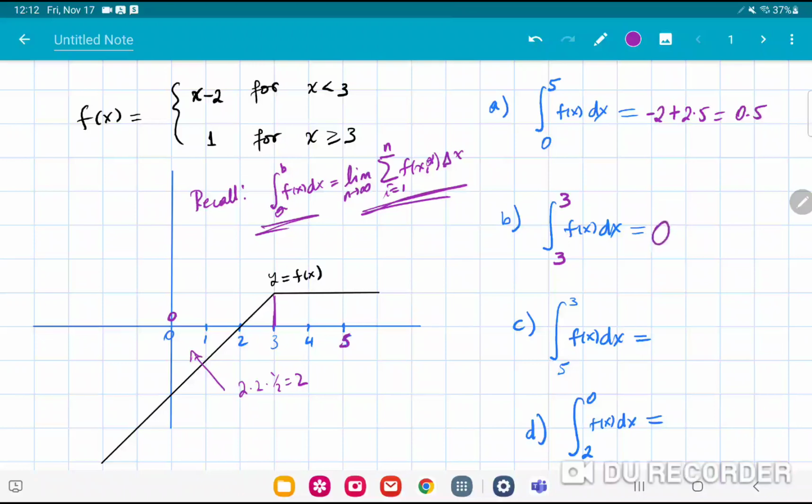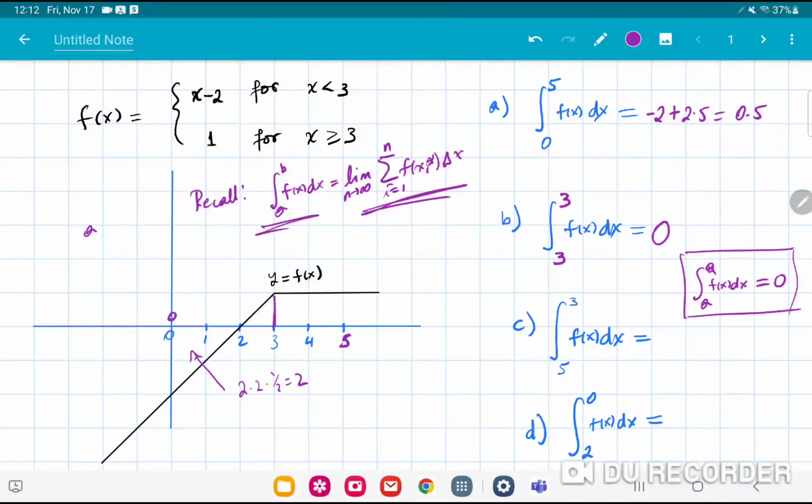The reasoning is that delta x is b minus a over n, which is 3 minus 3 over n, which is 0. So every single delta x is 0, and you're multiplying 0 times f of xi star. You're adding a whole bunch of zeros, which gives you 0. So anytime you have the integral from a to a of f of x dx, it should be 0.